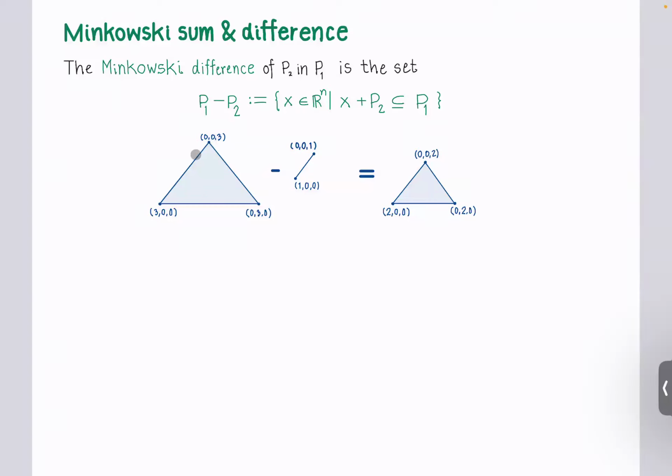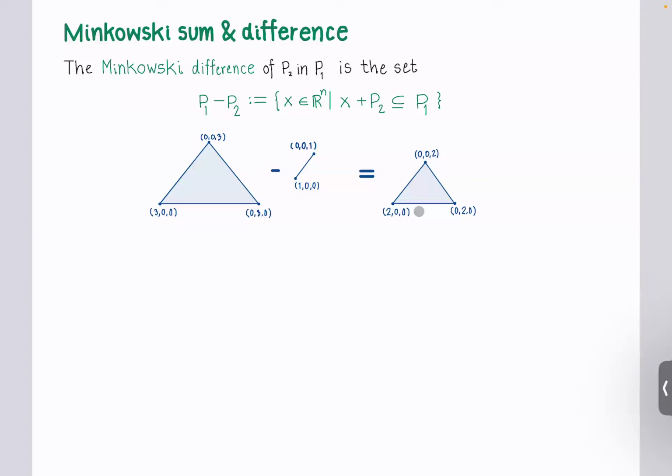Here's an example. My P1 is this triangle here in R3, and my P2 is this line segment. And the set of points x in R3 such that x plus this line segment lies in this triangle is this region on the right here.